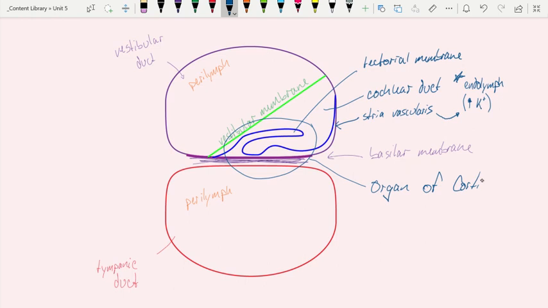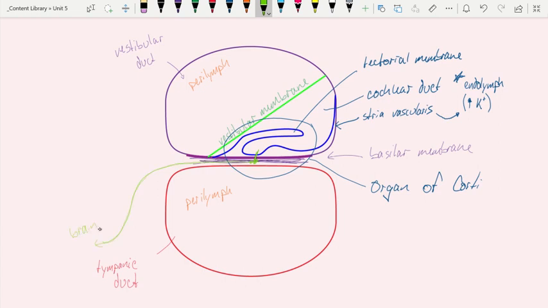Just to give you a picture of that, we have the cochlear nerve. The cochlear nerve is going to be coming, and it is going to embed itself here. And this is where sensory cells, as part of the organ of Corti, stimulate the cochlear nerve to get this action potential to the brain.